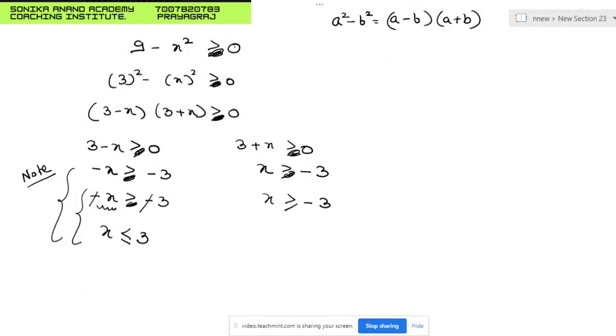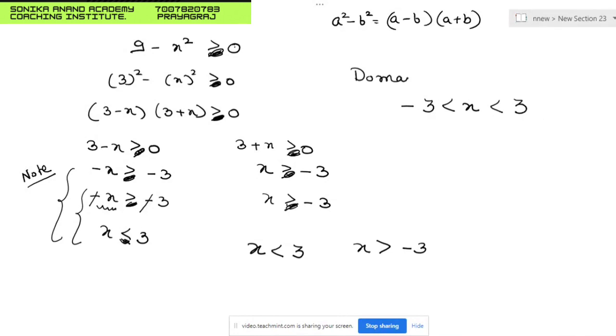So from here we get x must be less than 3 and x must be greater than minus 3. So we can write that x must be greater than minus 3 and less than 3.